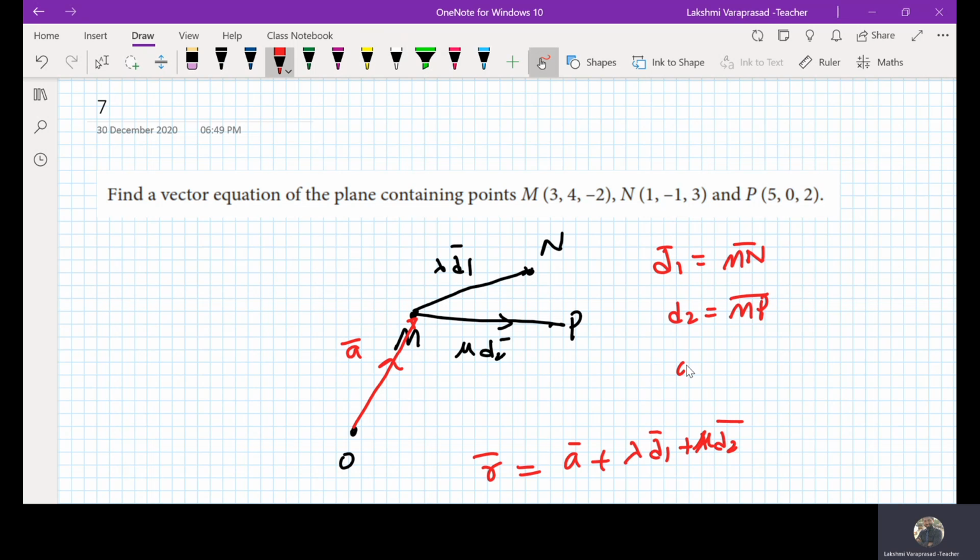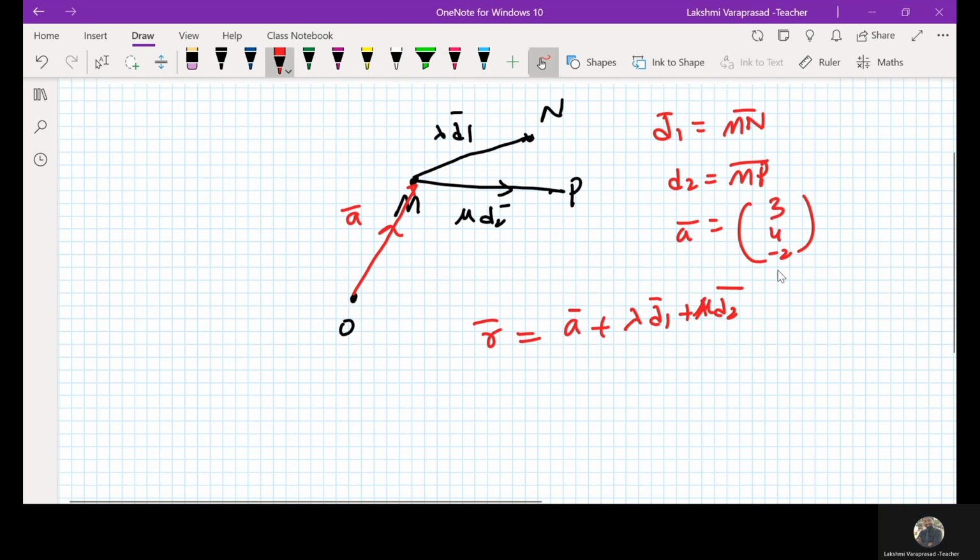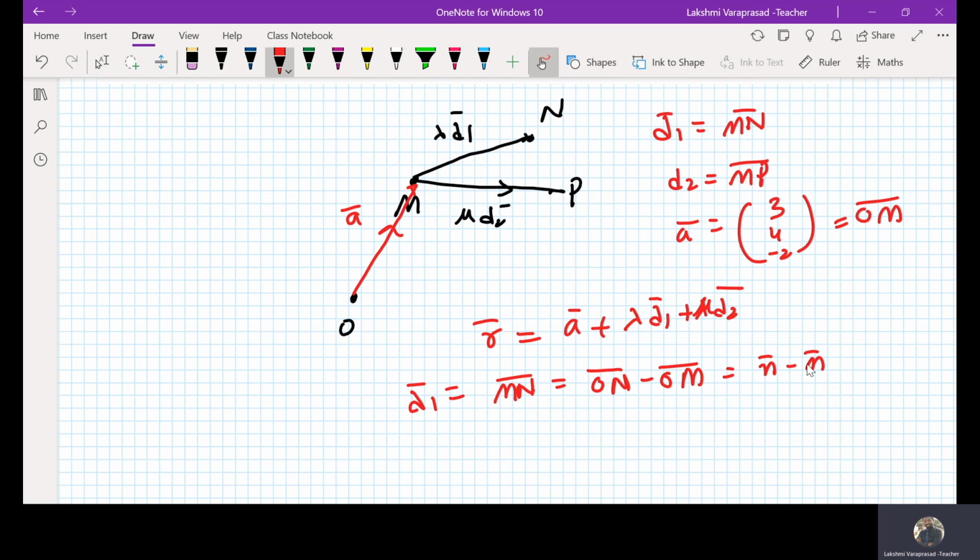So A bar is nothing but 3, 4, and minus 2. This is a position vector, called OM bar. So let's try to find D1 bar. It's nothing but MN bar, so ON bar minus OM bar, that is N bar minus M bar, in the simplest way for understanding.